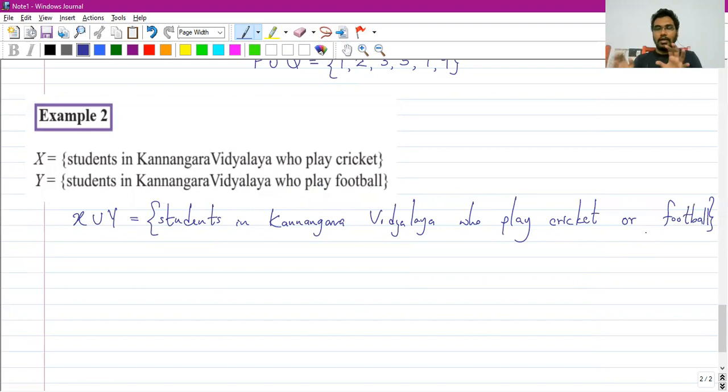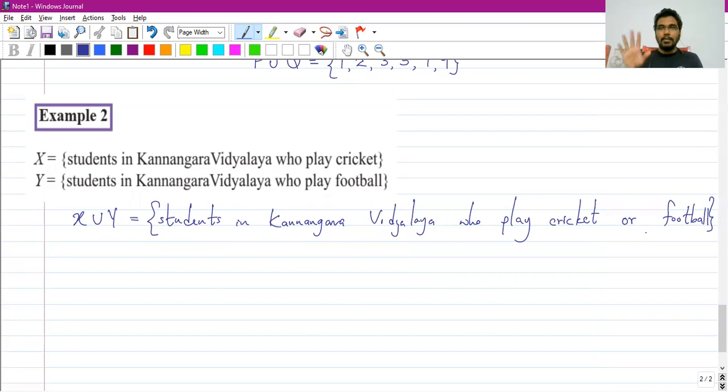So you can take that as the meaning of O. So cricket or football, they can play cricket, or else they can play football, or else there is another option, they can play cricket and also football, both of these. So that is the meaning of O.